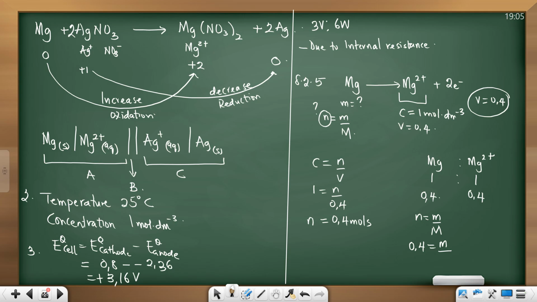Guys, are you okay with my analysis of the stoichiometry? Write out everything you know. You're going to be thinking, but I don't have concentration. Standard condition. 24 times 0,4? 9.6 grams. Beautiful stoichiometry.